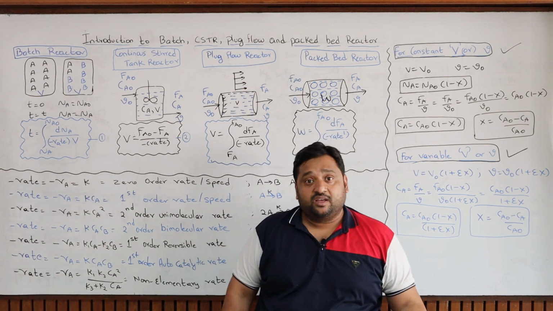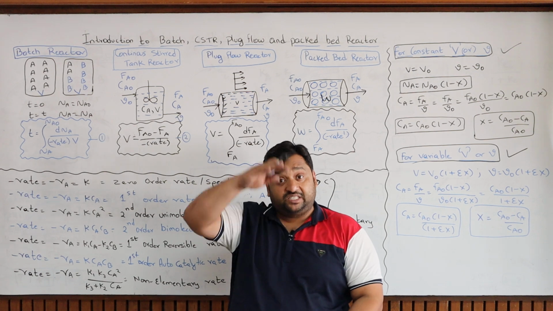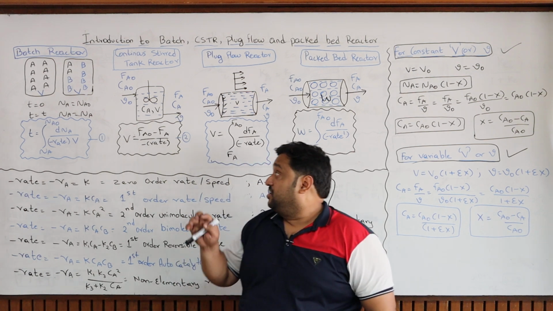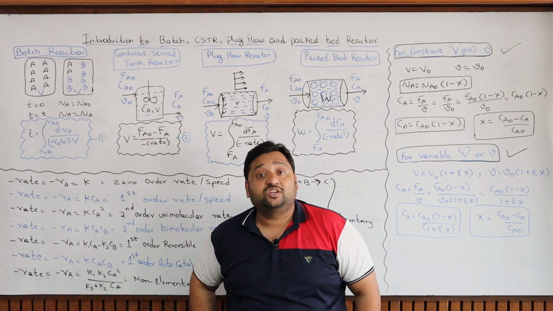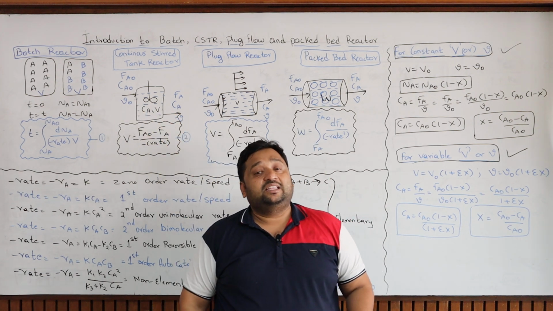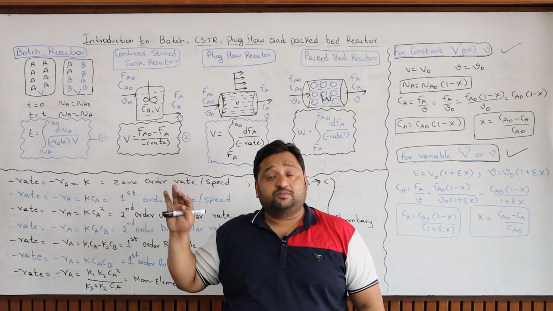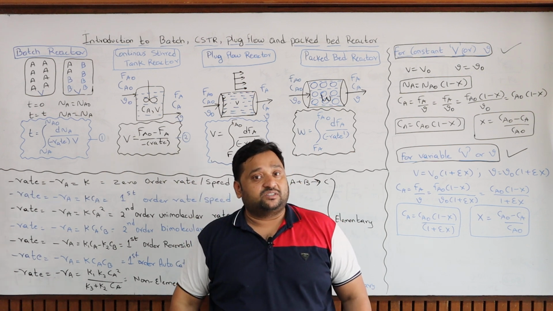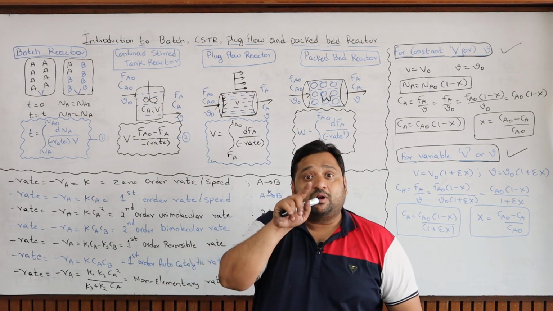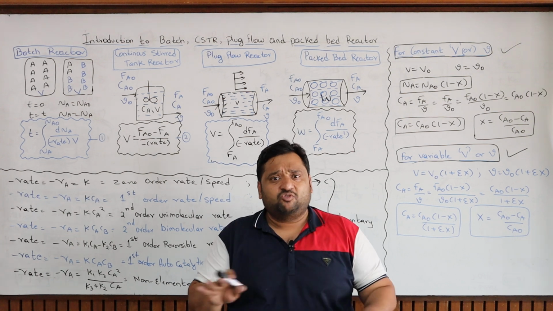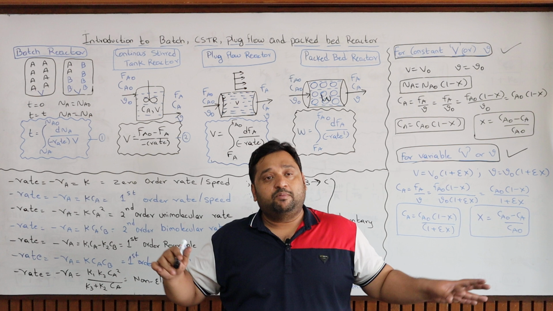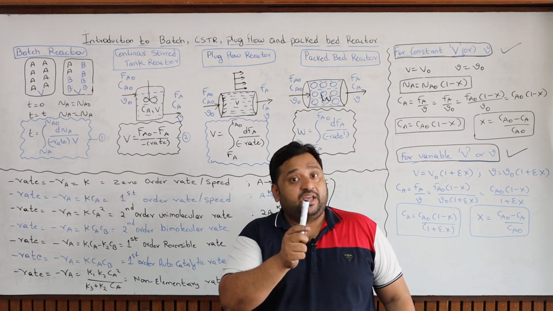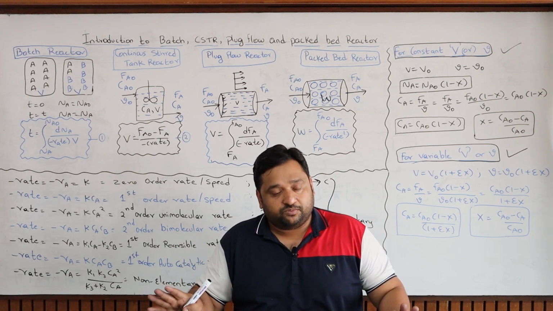What happens if my batch reactor volume is changing? In other words, what if my final volumetric flow rate is different from the initial volumetric flow rate? Generally this happens because of gas phase reactions. For liquid phase reactions, there is no issue. For gas phase reactions, more volume will come. Why? If 1 mole of A gives 1 mole of B, no issue.